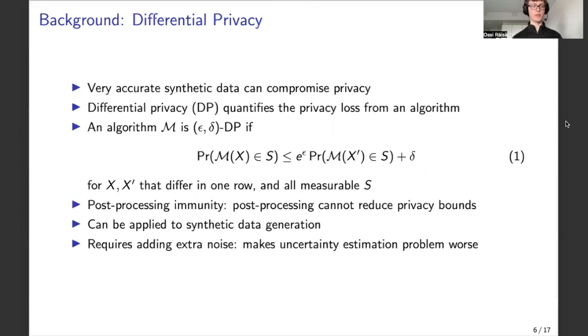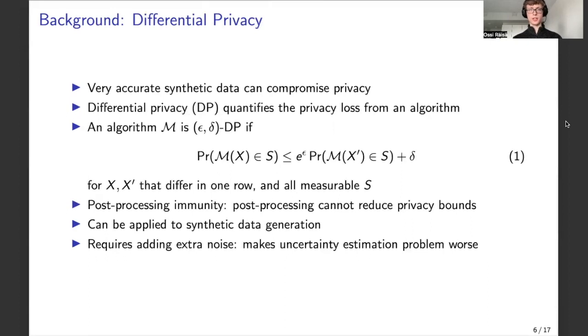All right, first I'll give some background on differential privacy. The reason we want to use this is that very accurate synthetic data can still allow adversaries to compromise the privacy of the data subjects. But differential privacy is a property of an algorithm that quantifies the privacy loss that results from publishing the results of the algorithm.